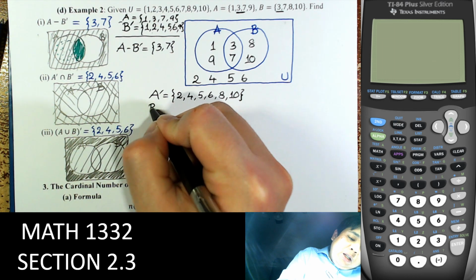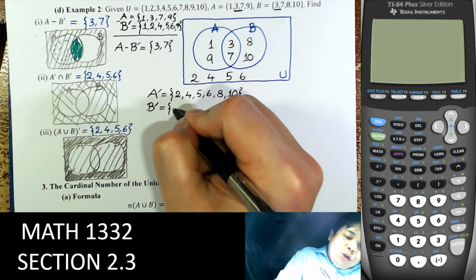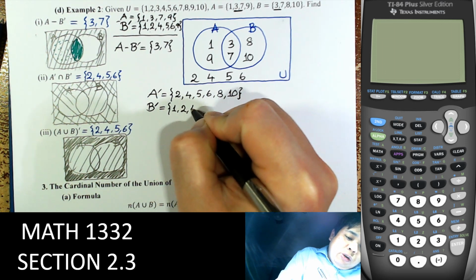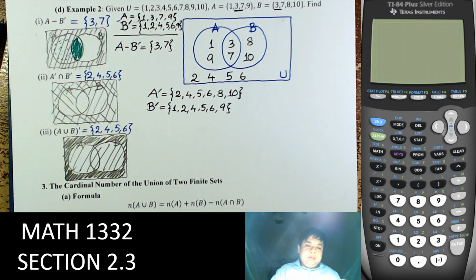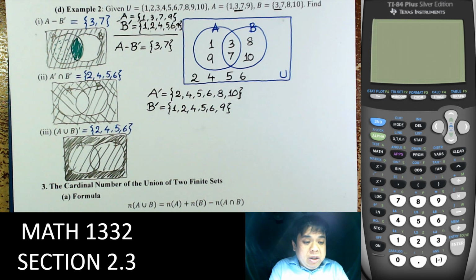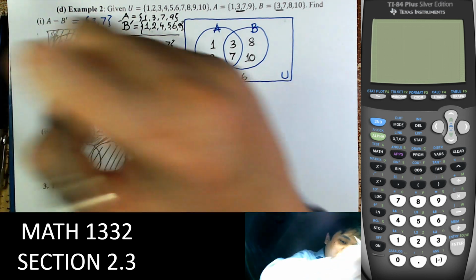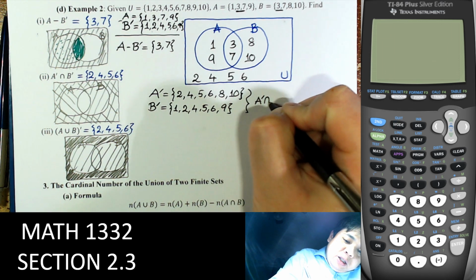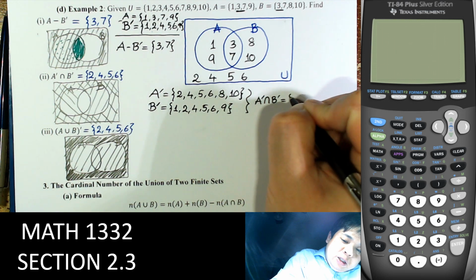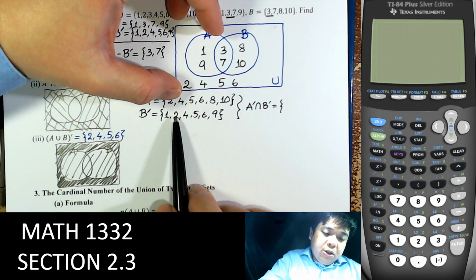Then B complement, not in B, so 1, 2, 4, 5, 6, and 9. The question asks for A complement intersect with B complement, so we just find the intersection of these two. What do they have in common? 2, 4, 5, 6.